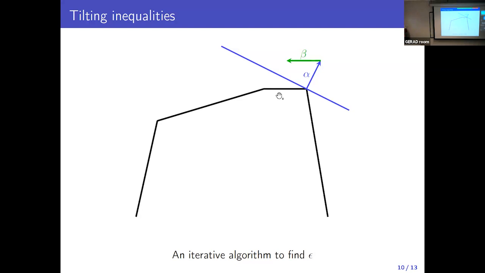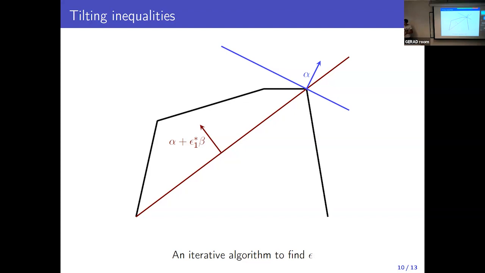So how to find the epsilon that will enable you to get the inequality that hugs the space? First you can start by trying an epsilon way too large. In that case, you know that it's not going to be valid for the polyhedron because you chose epsilon too large. There's a simple way in set covering to decide an epsilon that is too large. It's very easy to do.